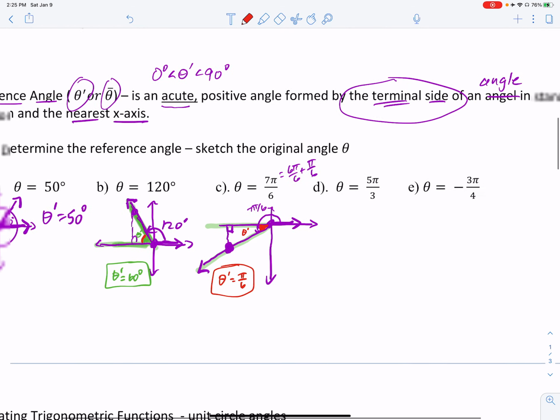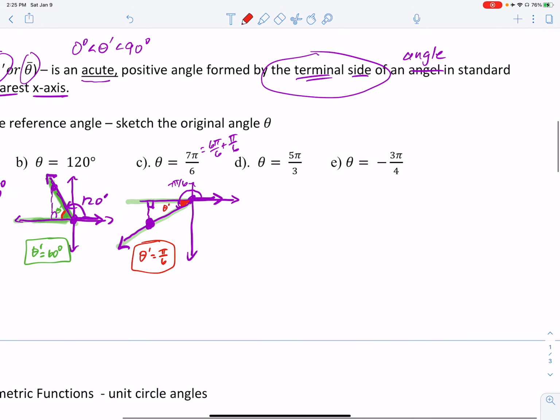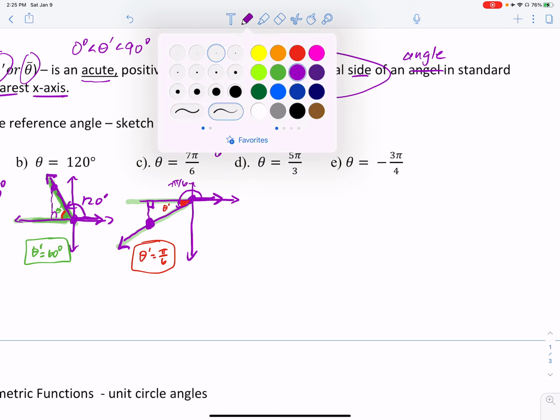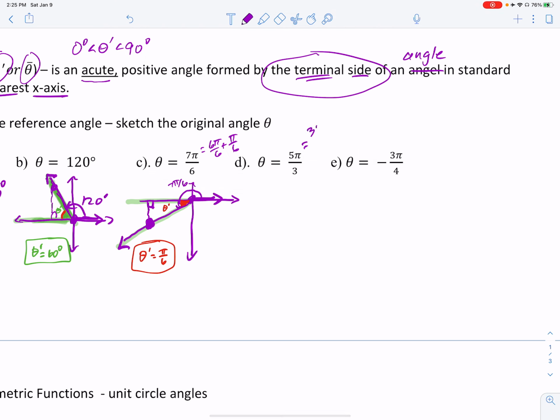So in part D, 5 pi thirds, I think of it as 1 pi third short of 2 pi. If I had 6 pi thirds, it'd be 2 pi. So I'm pi thirds short of a full rotation. Or I can think of it as 3 pi thirds, which is a half of a turn, plus an additional 2 pi thirds.